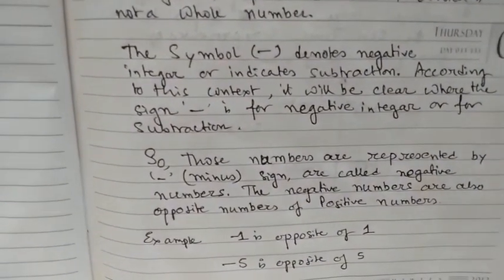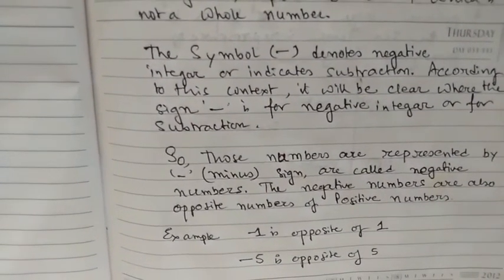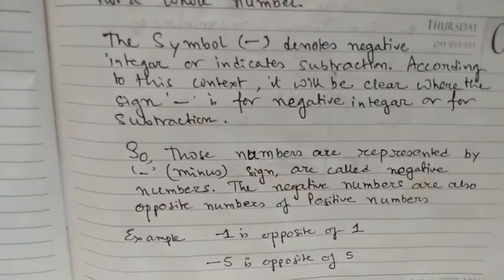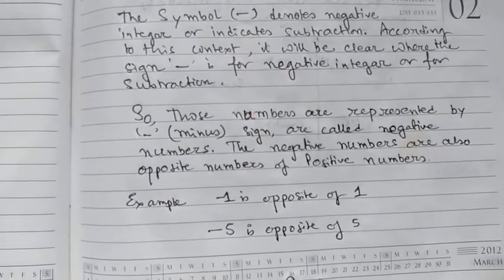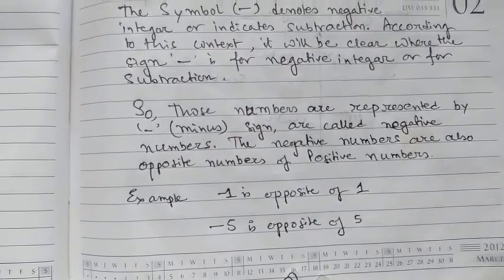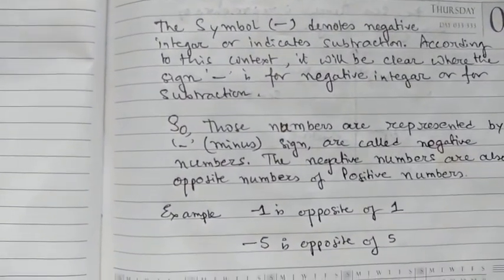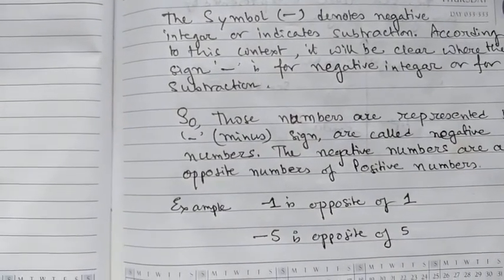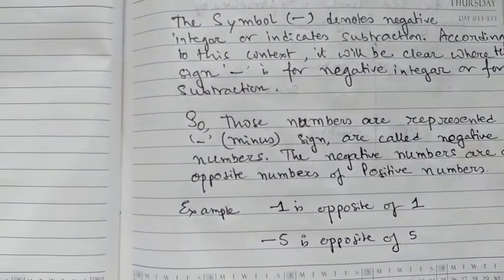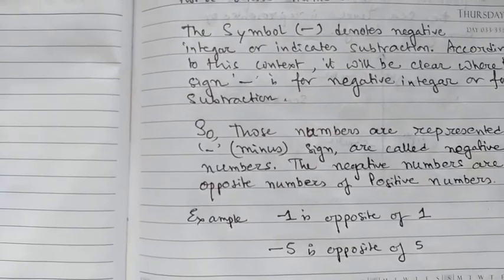All negative numbers are opposite to their positive numbers. For example, minus 1 is opposite of 1 and minus 5 is opposite of 5. Is it clear? So what have I told? I have told that every negative number is opposite to its positive number.